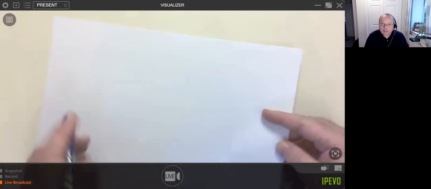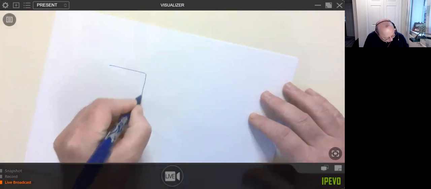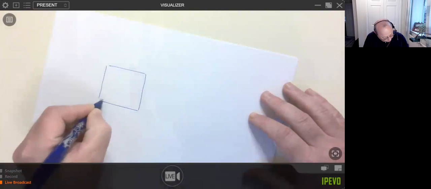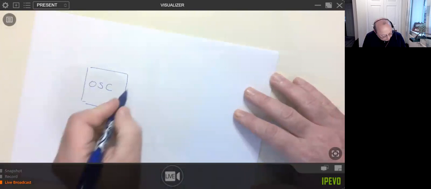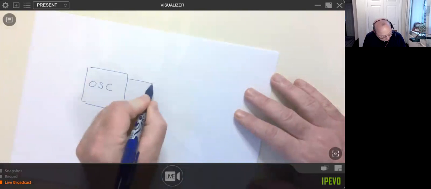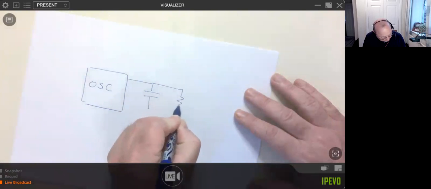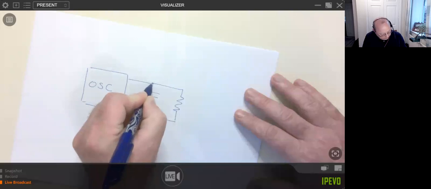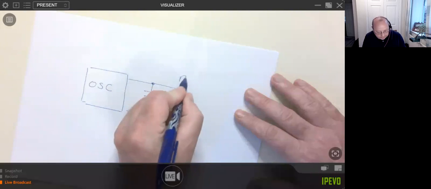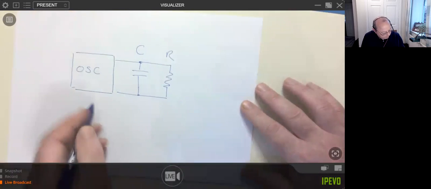These are some of the things which I've done in the past. And here's the first one. Some time ago, this was an oscillator, OSC, and I'm going to have a capacitor and a resistor. So this is just an RC network, nothing fancy.